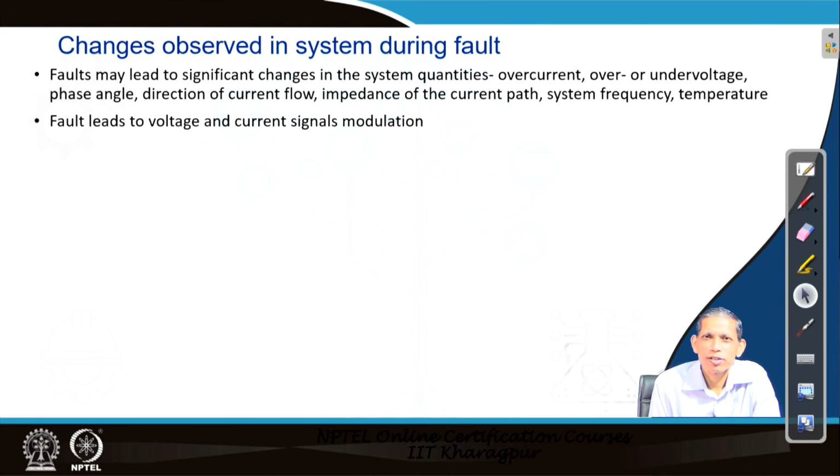Further changes are noticed in the phase angle between voltage and current, the direction of current flow in the grid, and the impedance of the current path becomes smaller. System frequency may change, and the temperature of different elements at a given instant may also change. A fault leads to significant changes in voltage and current signals.